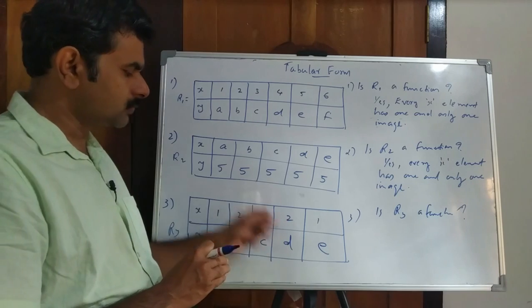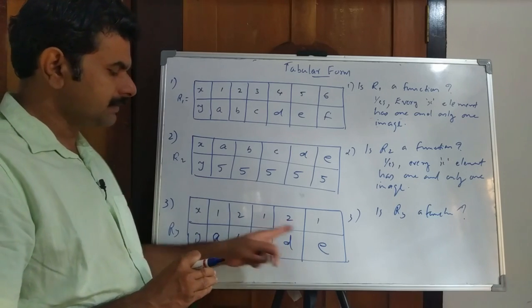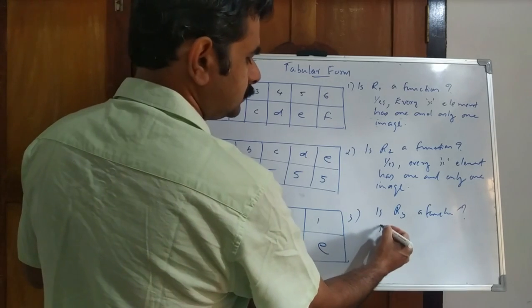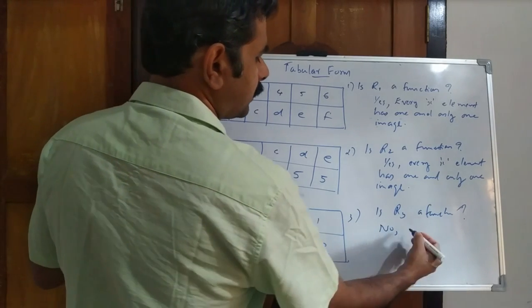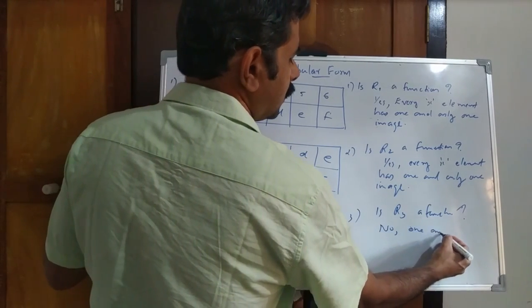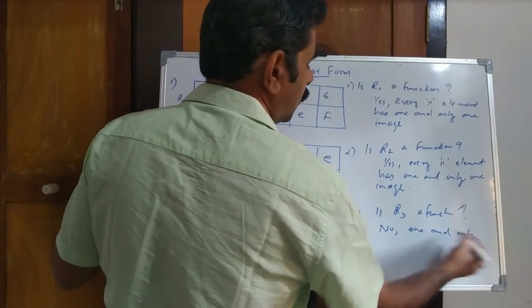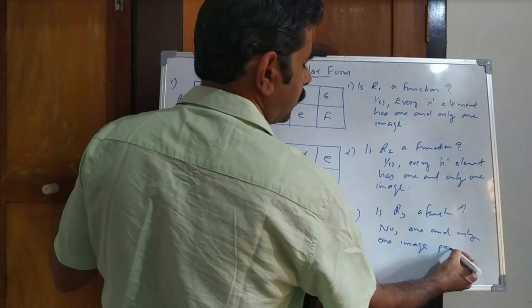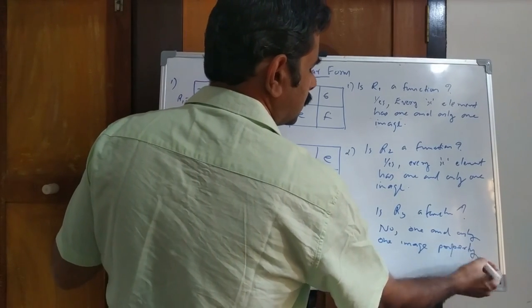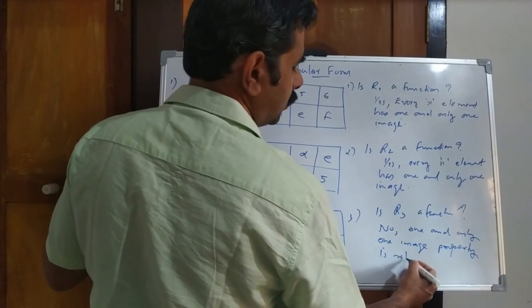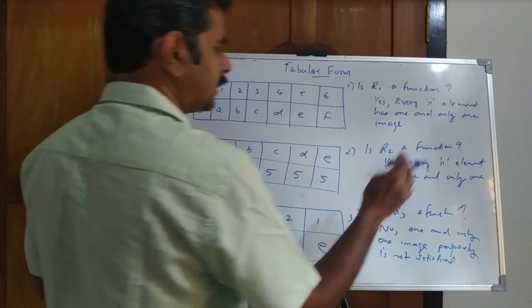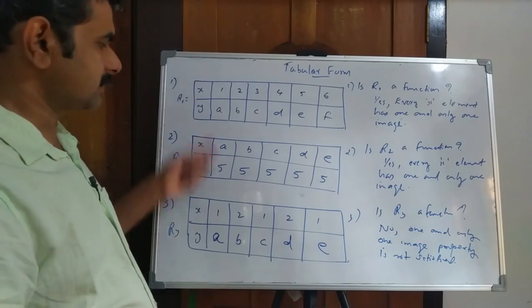Similarly, for the element 2, there are two different images, B and E. Therefore, it is not a function. Now, why is the one and only one image property not satisfied? Therefore, R3 is not a function.